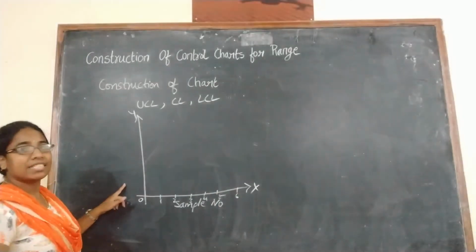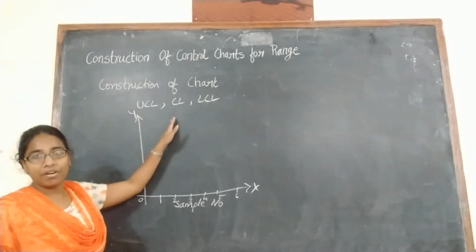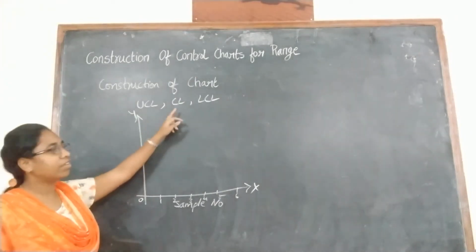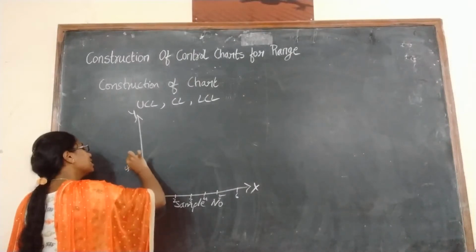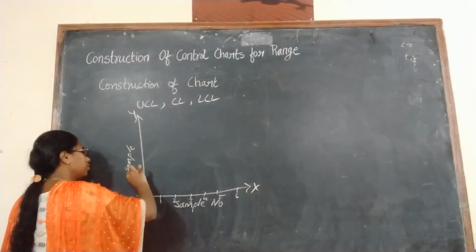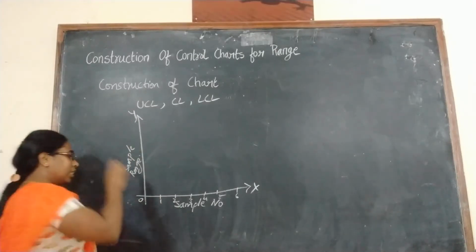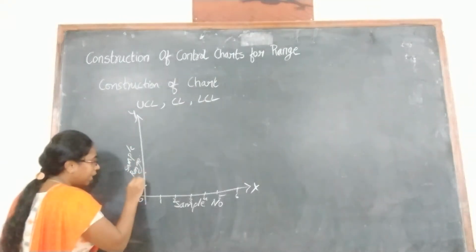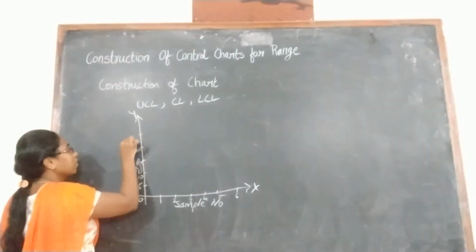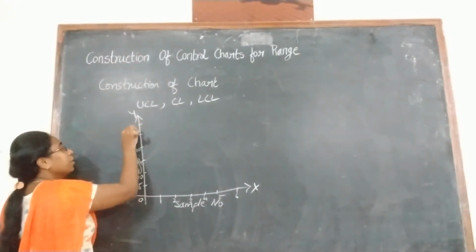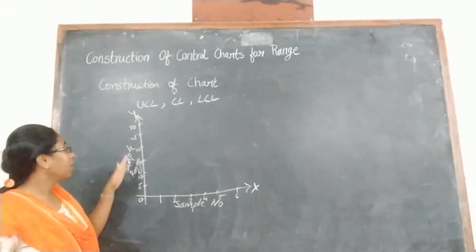On the y-axis I will write the units. Here I am considering the sample range, since we are constructing the chart for range. On the sample range axis you also need to write the numbers, units, depending on your UCL and LCL values.